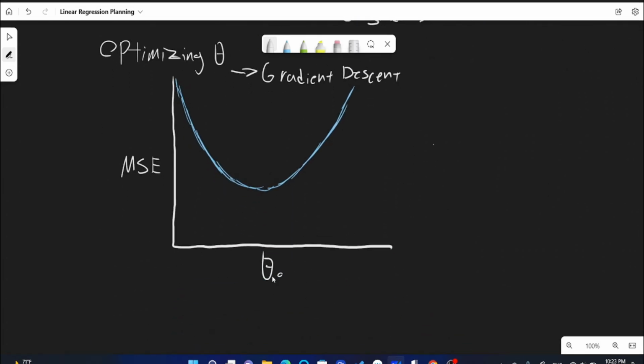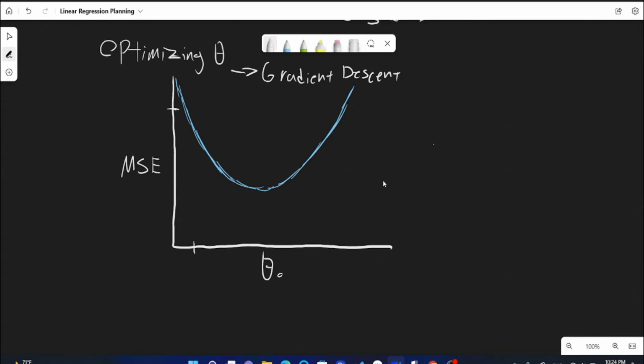And we're trying to optimize theta 0 here, right? So, how do we get this curve, right? So we got this curve by plugging in different values for theta 0, right? We might have a value here, and then we get this value for mean square error, right? So by plugging different values for theta 0, we get different mean square error or different cost function values, right?